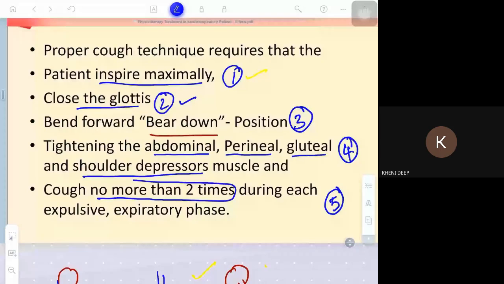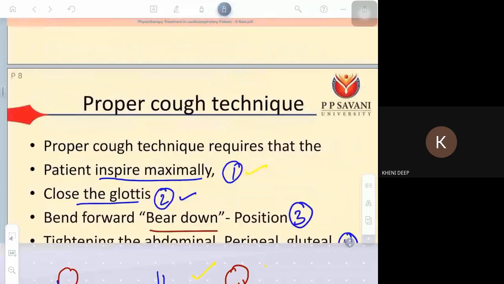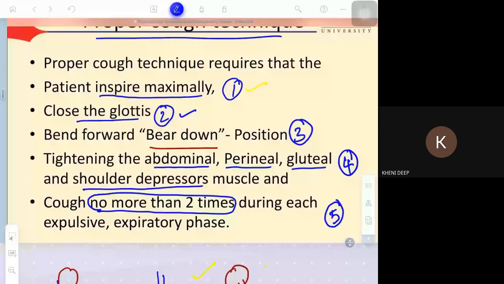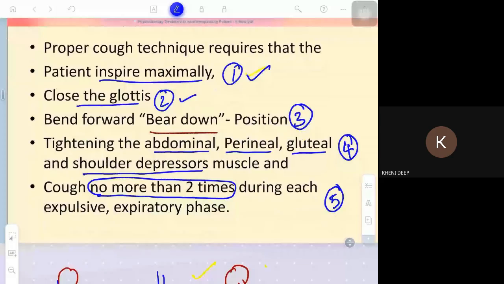This is very important. The patient coughs no more than 2 times during each expulsive expiratory phase. Clear? So 5 steps. This is the proper cough technique: inspire maximally, close the glottis, bear down position, contract 4 muscles, cough no more than 2 times.